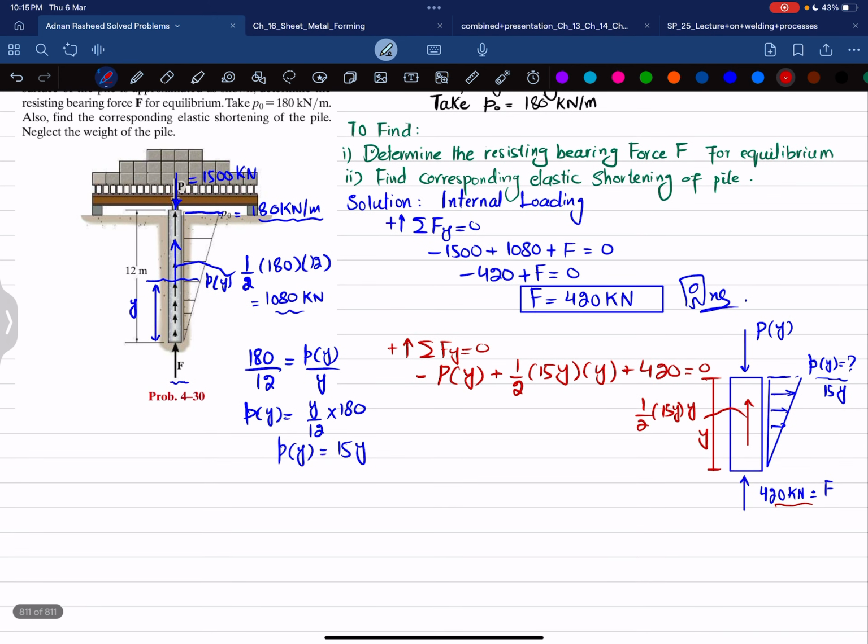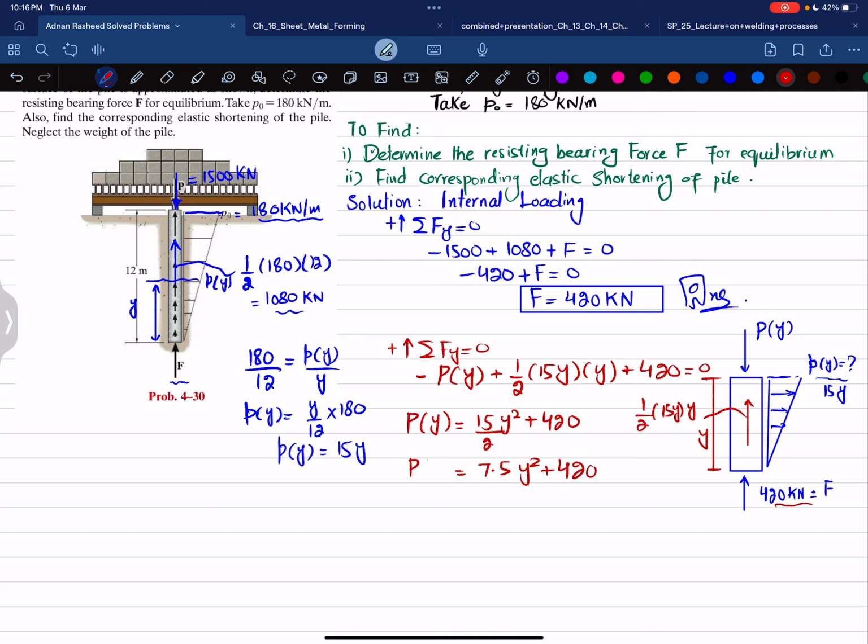Okay. Now, if we are interested to find out this normal force at a distance of y, so this P of y will be equal to 15y square over 2 plus 420. And this 15 divided by 2 will give you 7.5 y square plus 420.